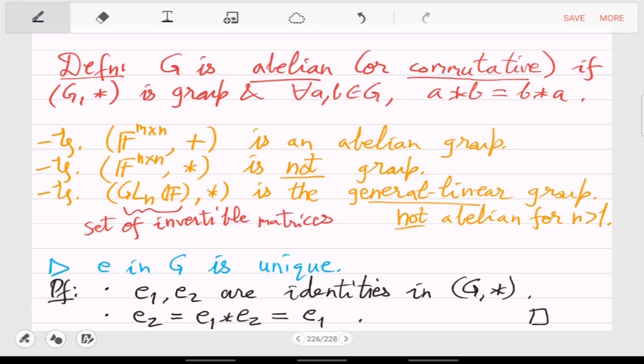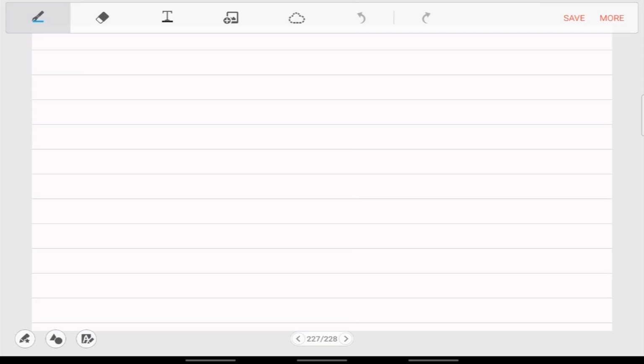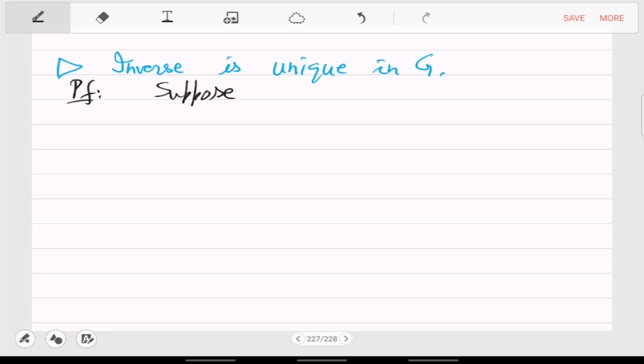And for the inverse, a similar proof you can give. Let's do that just for exercise, just to warm up. Suppose A star A1 and A1 star A is identity, but it's also A star A2, A2 star A. We want to show that A1 is A2.